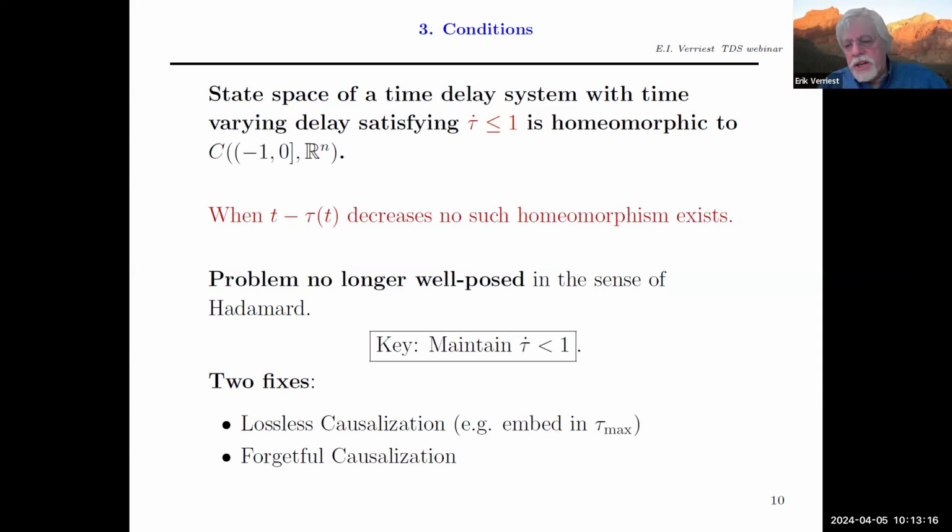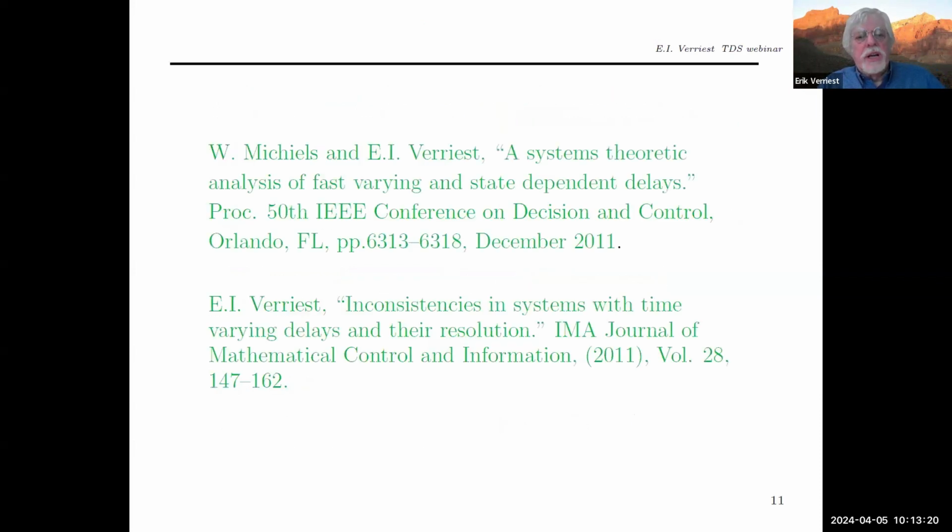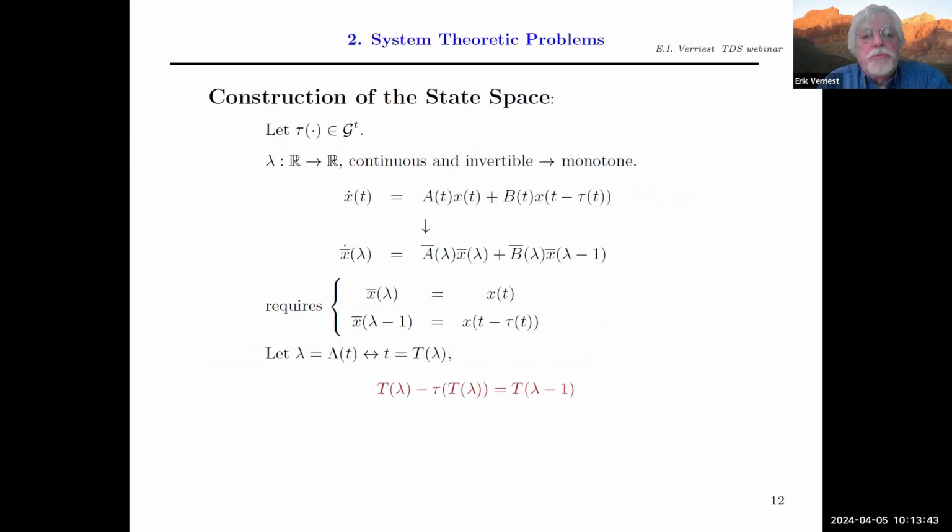We make it causal again, but we may be stuffing that shift register with zeros. These topics that relate to the analysis of fast varying delays were presented at the CDC in 2011 by Wim and myself, and also in the IMA Journal of Mathematical Control and Information.